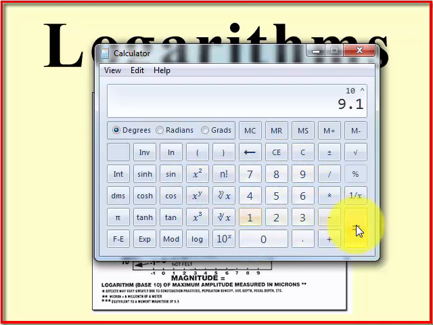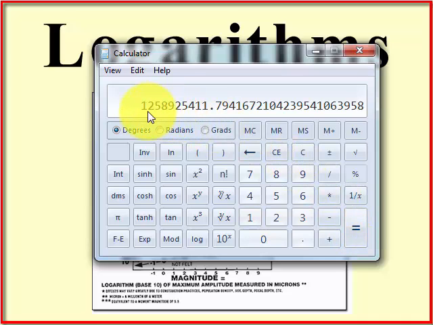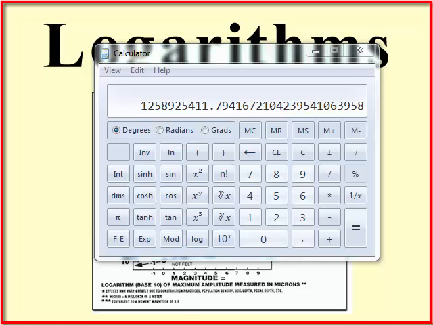Bam. Holy guacamole. And I believe a 1 earthquake is 10 pounds of dynamite, which isn't very much unless you're standing real close to it.